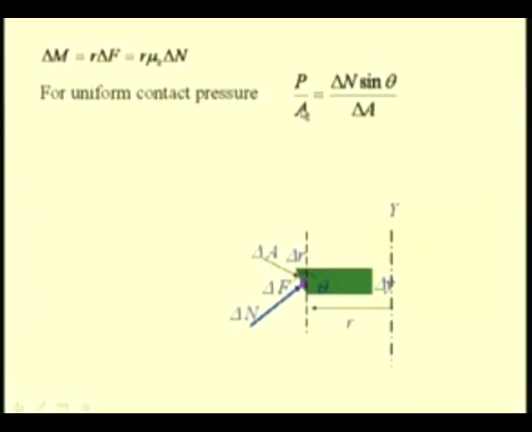For that assumption, we have a uniform pressure which is given by P by A, the total area of contact, which is equal to delta N sin theta by delta A, because we are finding this uniform contact pressure with respect to the y axis.